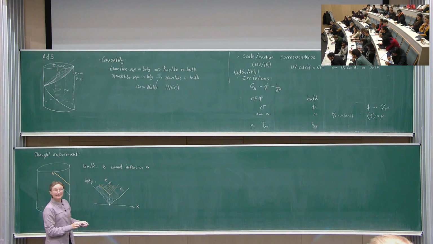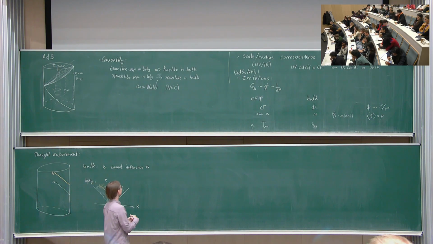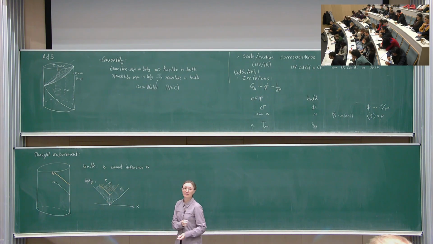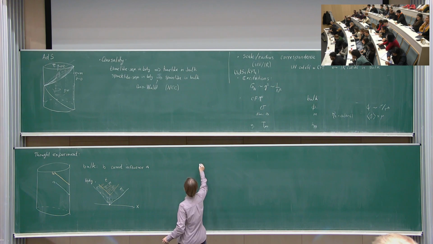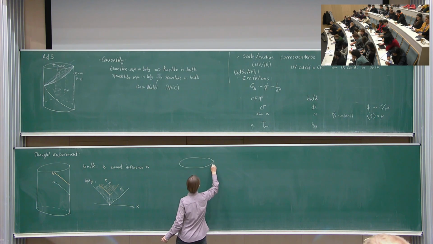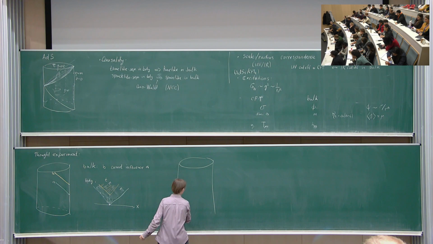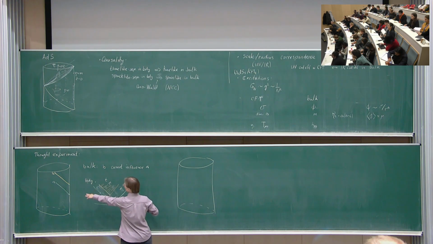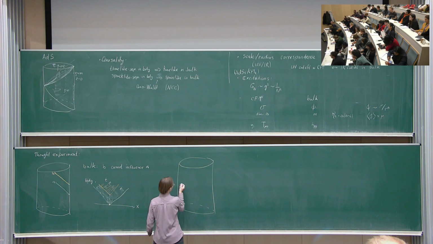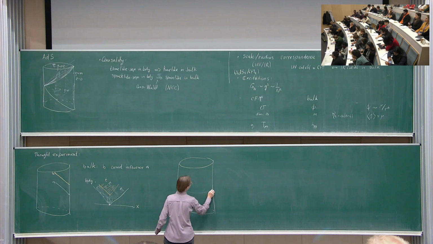Let me set up another Gedanken experiment and then give you a resolution on both of them. So you can also think of not throwing the particles in at different times, but throwing the particles in at the same time.